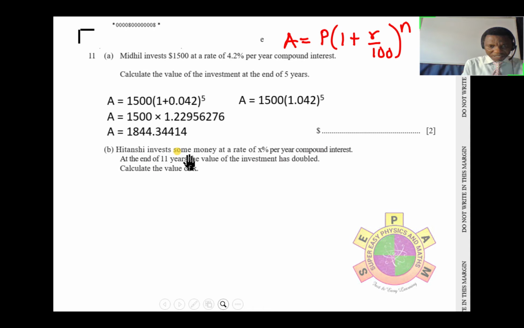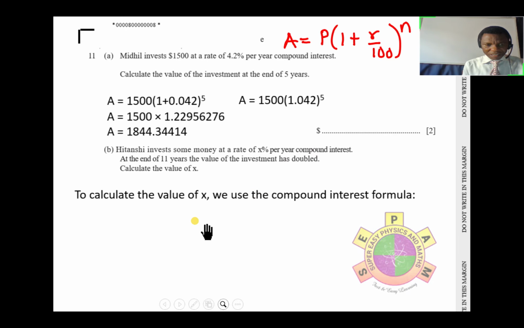Then question B: Hitachi invests some money at a rate of X% per year compound interest. At the end of 11 years, the value of the investment has doubled. So at the end of 11 years, that means A is equal to 2P.